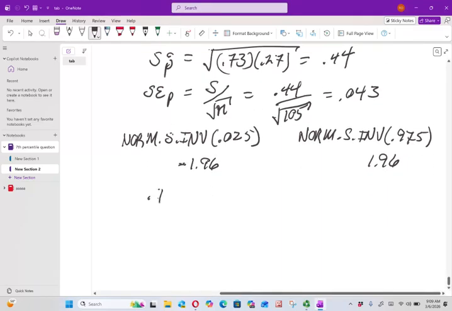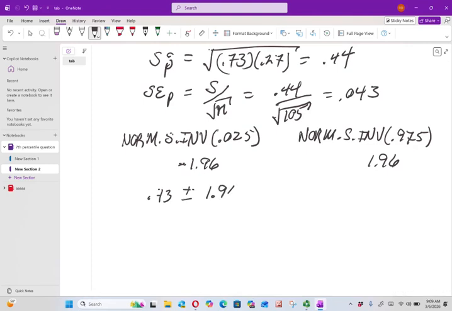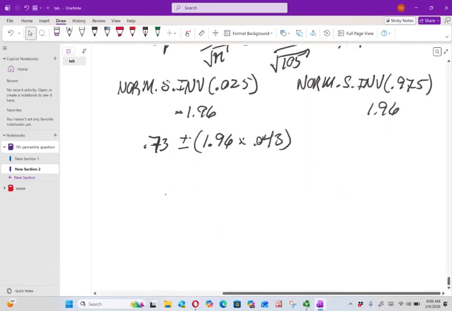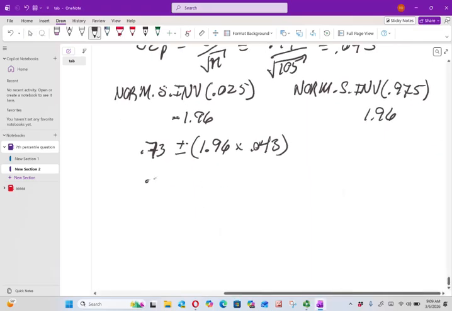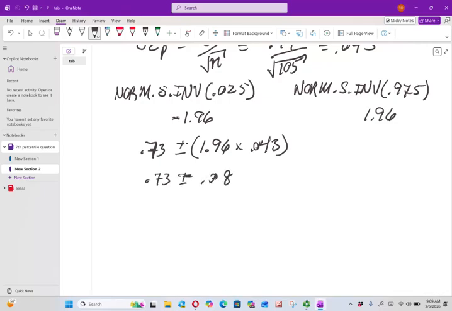So it's 0.73 plus and minus 1.96 times 0.043, so 0.73 plus and minus 0.08. And this 0.08 is called the margin of error.